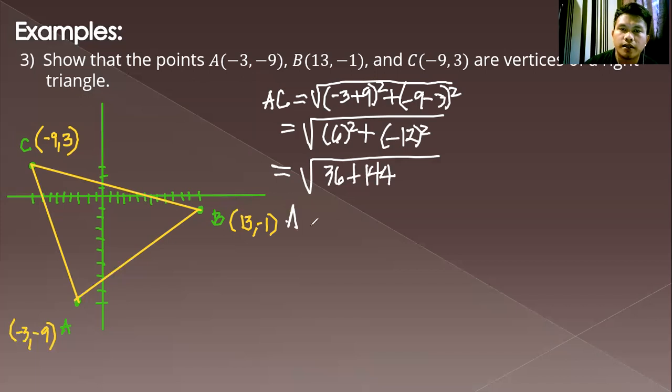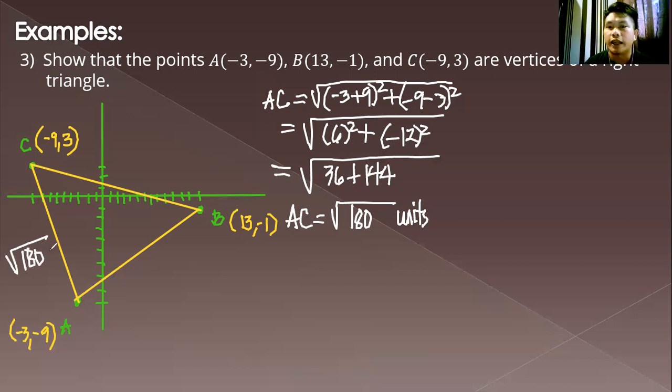So AC is the square root of 180 units. Let us leave it in radical form because the Pythagorean formula we will use involves squares, so we will just cancel the radical sign later.